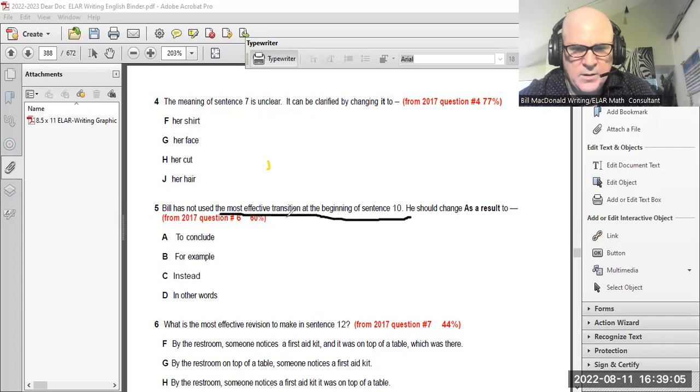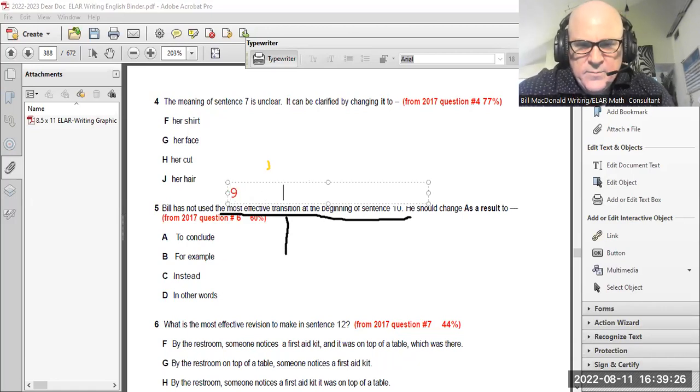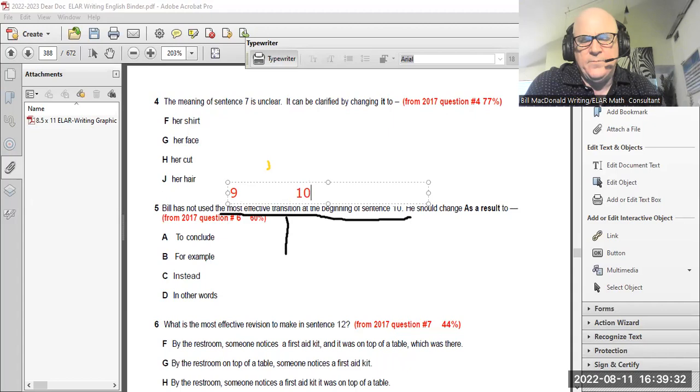And then right there where the word transition is on the question, you can make your little T center so that you can say, okay, now I know that I need to go from sentence 9 to sentence 10 with my teeter-totter.